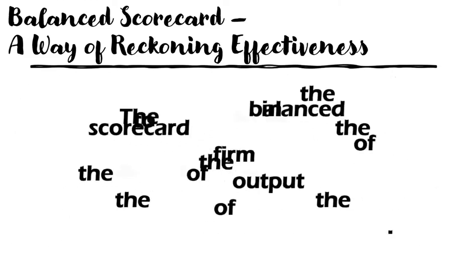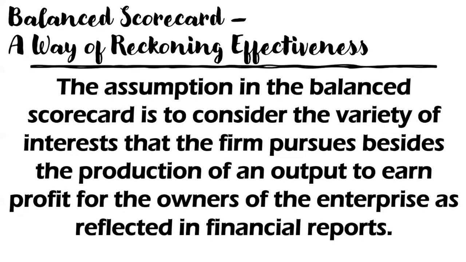The assumption in the balance scorecard is to consider the variety of interest that the firm pursues besides the production of an output to earn profit for the owners of the enterprise as reflected in the financial reports. So, basically, merong mga interested parties pagdating sa pag-measure ng effectiveness ng isang firm or ng isang business.